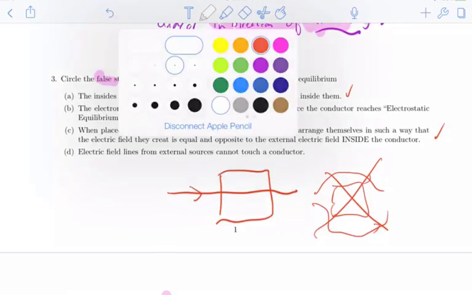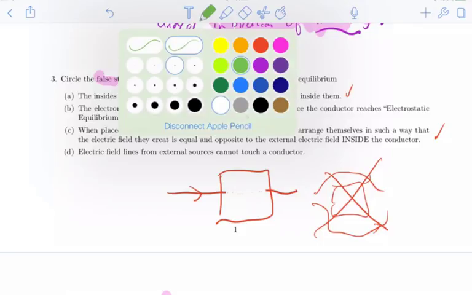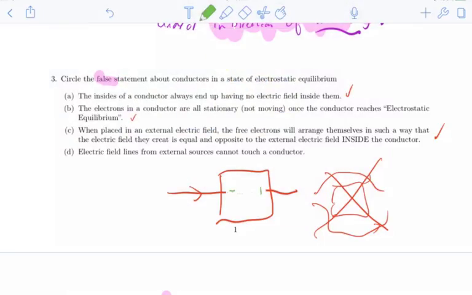Charges on the inside of this are going to rearrange themselves. Man, why is that so tiny? So that they cancel out the electric field, so that the electric field on the inside is equal to 0. Okay? But electric fields can touch the surface, so that is a false statement. That one's the answer. So be careful when you're doing these true or false questions. They're kind of tricky.